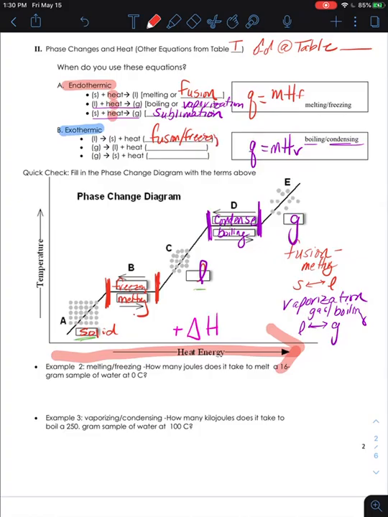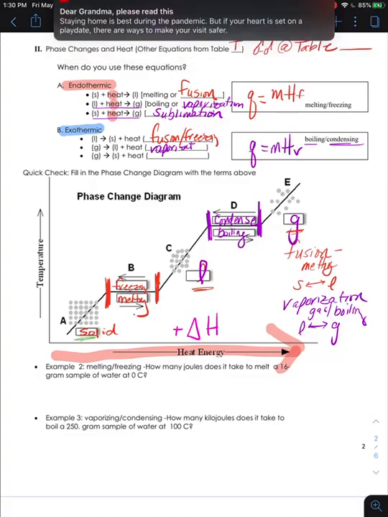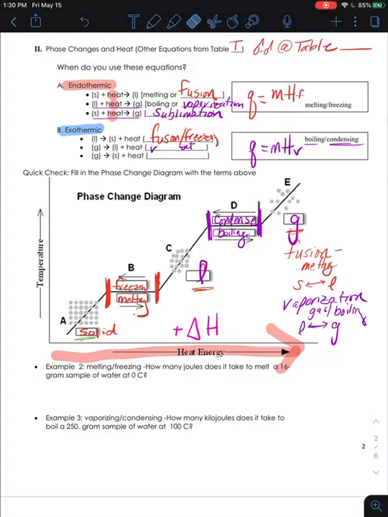If you're going from a gas to a liquid, that would be gas, liquid. Well, technically not vaporization. Gas to a liquid would be condensation.